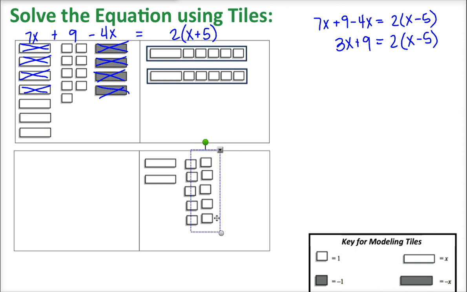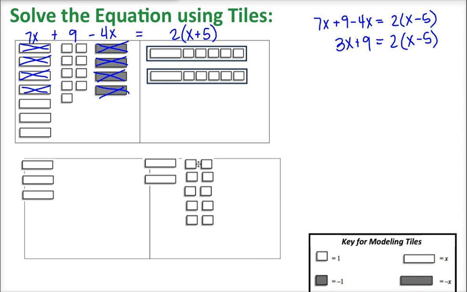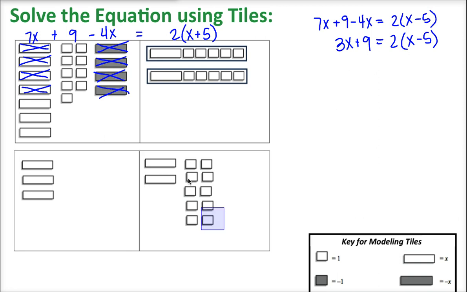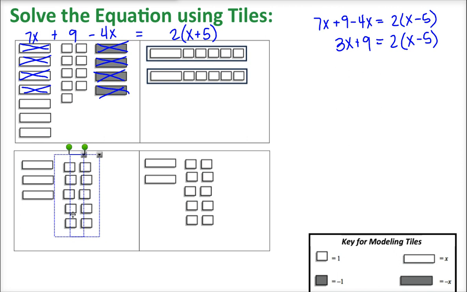Okay, so we have 10 of those. Okay, and let's move down what we have on this side. We have 3 x's and 9 of these. Oops, I'm going to copy these ones and just get rid of one.